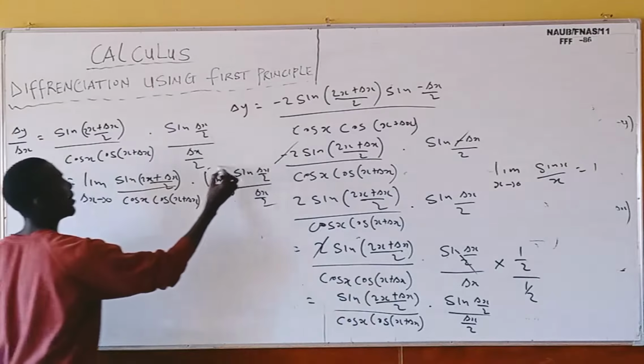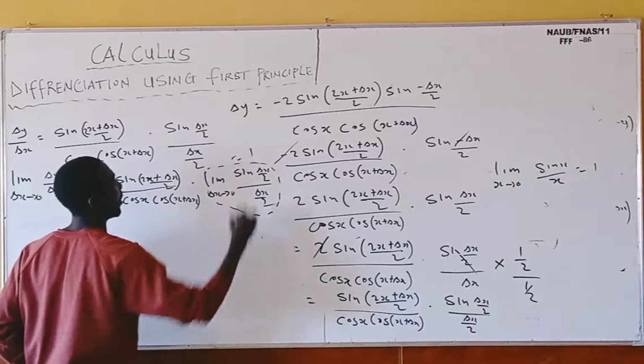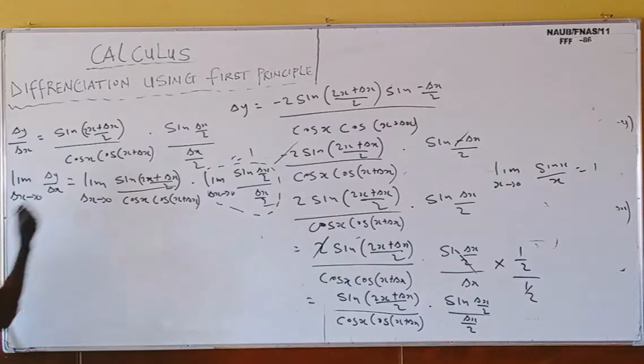So I know that everything that is here is nothing but 1, and 1 multiplied by this will be left with this.